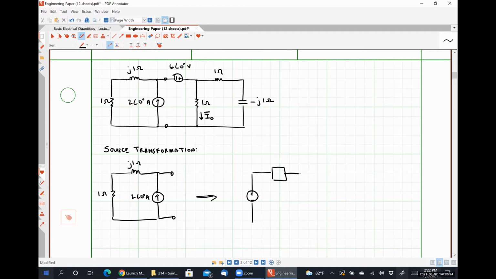I'm just going to use a generic impedance here. So I'm combining my resistor and inductor into a single thing that I'm calling just 1 plus J1 ohms, like so.